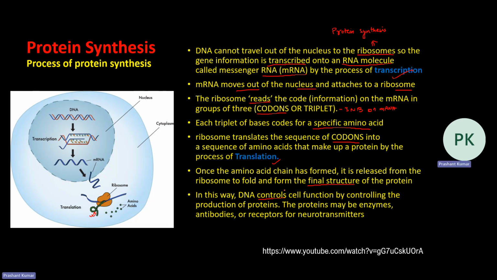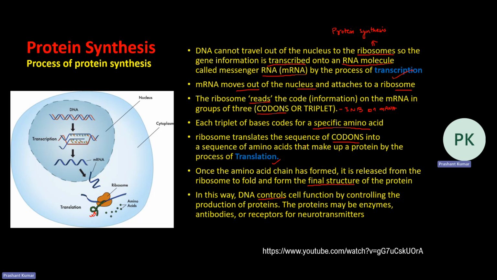So this is the pattern question Cambridge can ask in your exams in 2024 and 2025. How does protein synthesis take place inside the cell, or define or describe the process. So always try to write in 5 points. First is the genetic information of the DNA is transcribed on mRNA. mRNA moves out of the nucleus and goes to the ribosome, where the ribosome reads the information on the mRNA, which is mentioned in the three-base letters called codons, right?